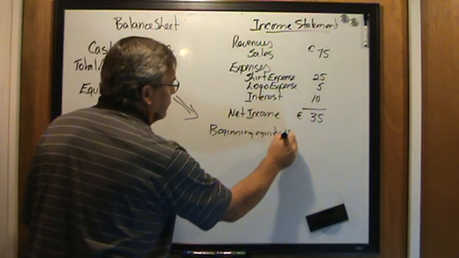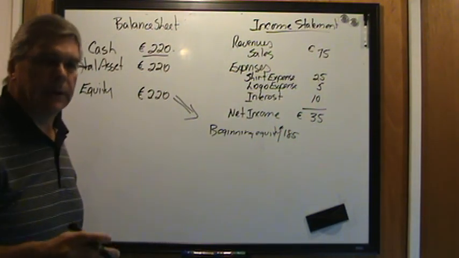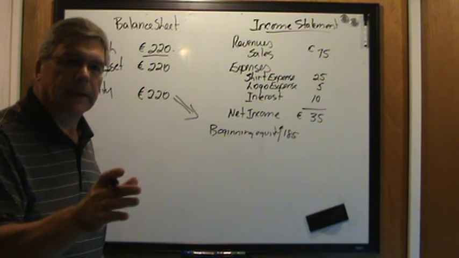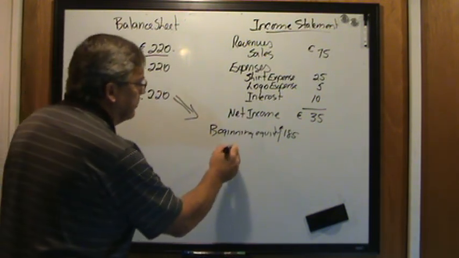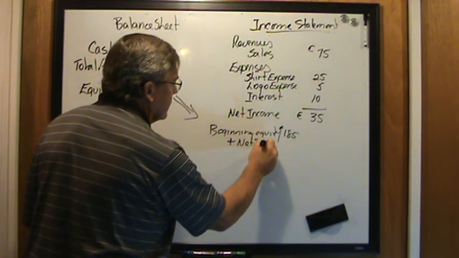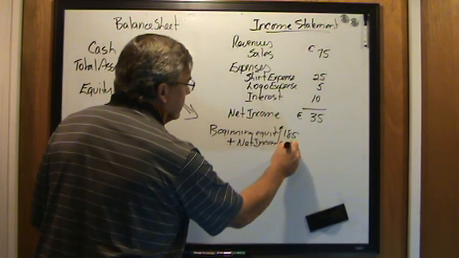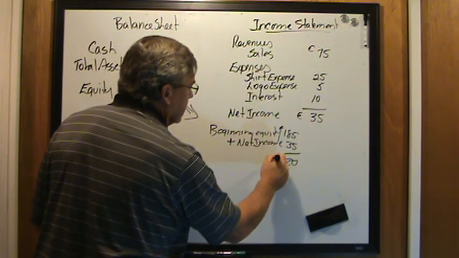Now this calculation: the beginning equity was 185 euros. That was the equity amount that we had at the end of day 2, so we carry that forward, plus net income, 35 euros from up here, and it gives us our 220.